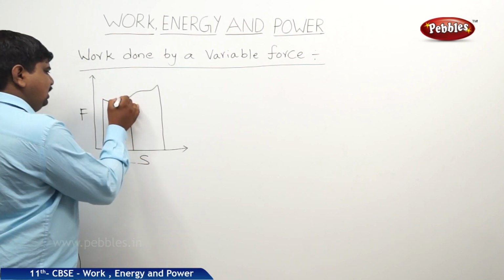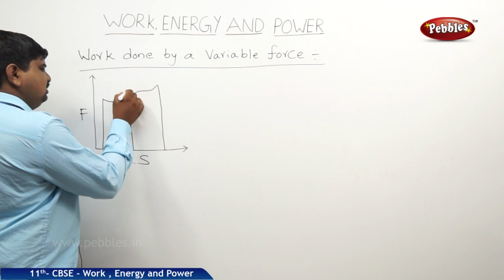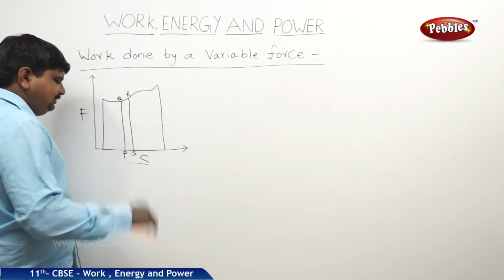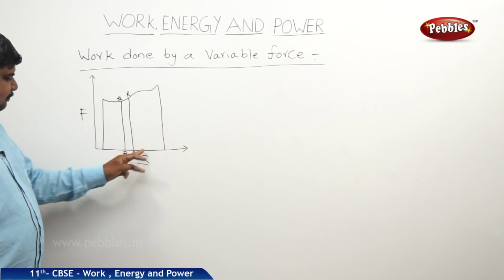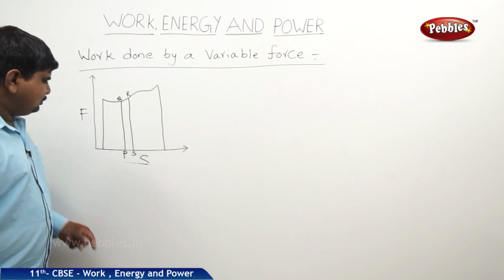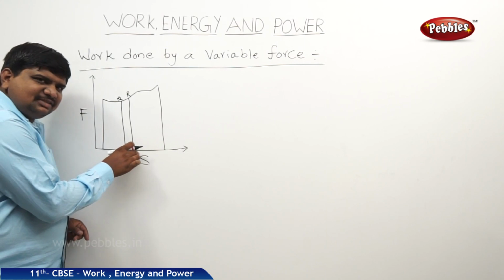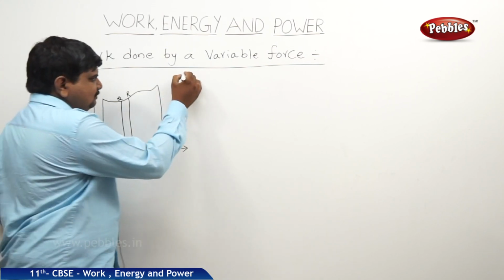This is P, this is Q, this is R, and this is S, where PQ is in the direction of force, and PS is in the direction of S. So this PS is the small displacement. Let us say the displacement is dx.